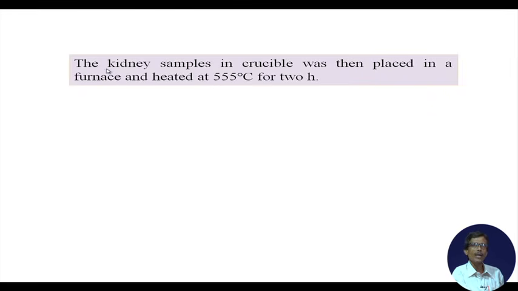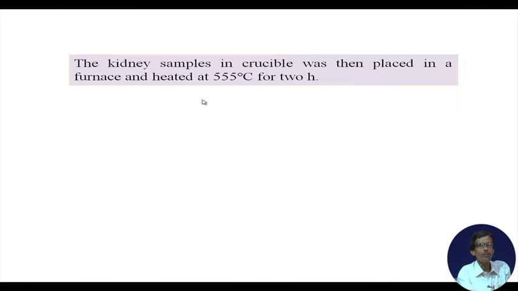All other organic matter will be burnt away, and if we burn in air, in an air furnace or a special furnace where air flow is there, it is utilized for oxidation of the organic part. Carbon will be oxidized to carbon dioxide, hydrogen will be converted to water, and we will be left behind with only the arsenic.